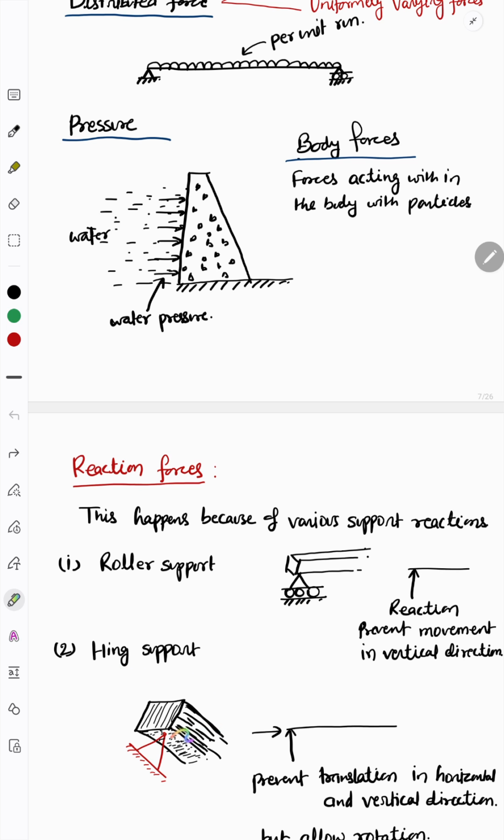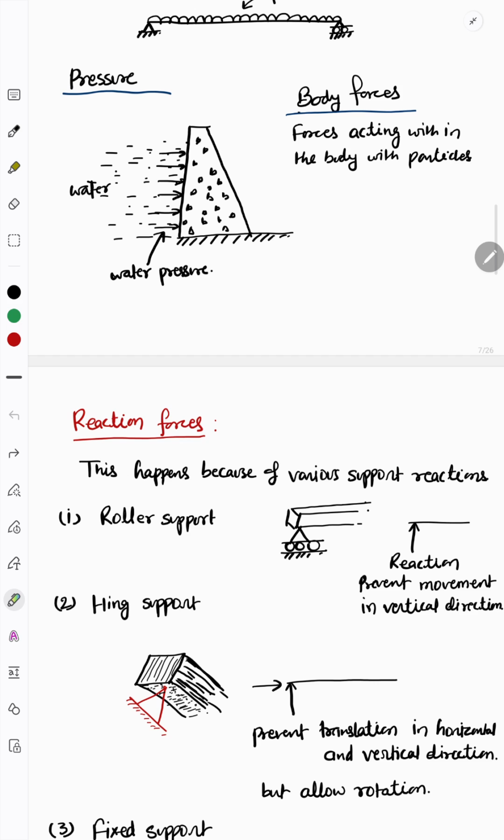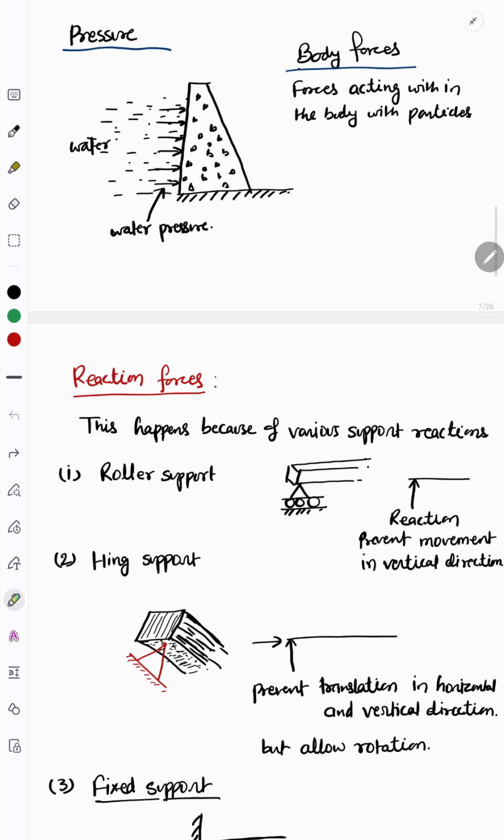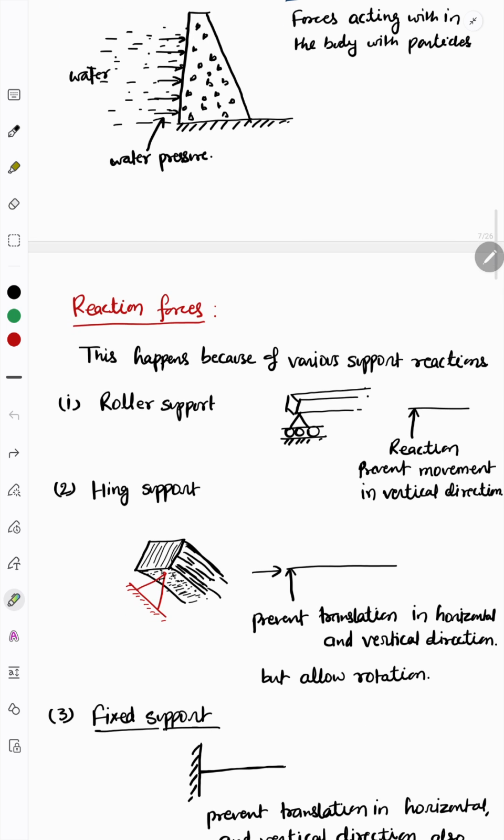If you take hinge support, it prevents movement in horizontal and vertical directions. Wherever prevention comes, a reaction will come. But it is going to rotate, because this is a hinge support. It does not allow translation, but it allows rotation.